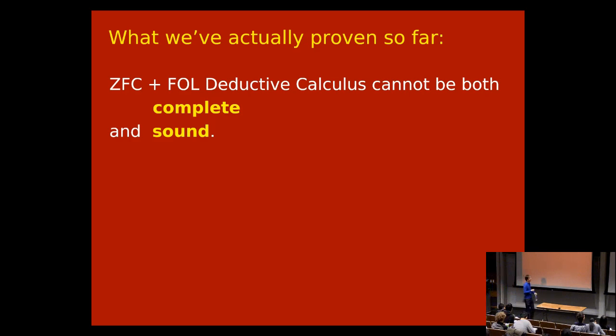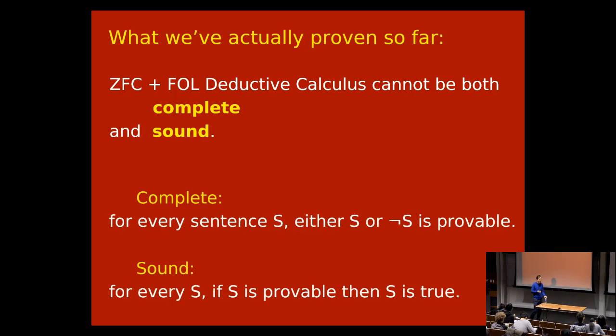ZFC, together with this deductive calculus, cannot be both complete and sound. These are technical terms. Complete means that for every sentence S, there's a proof of either S or not S. And remember, it was incomplete in our proof because there's a sentence, M of x halts, that would be S, where you couldn't prove M of x halts, or you couldn't prove the negation of M of x halts, which is M of x loops.